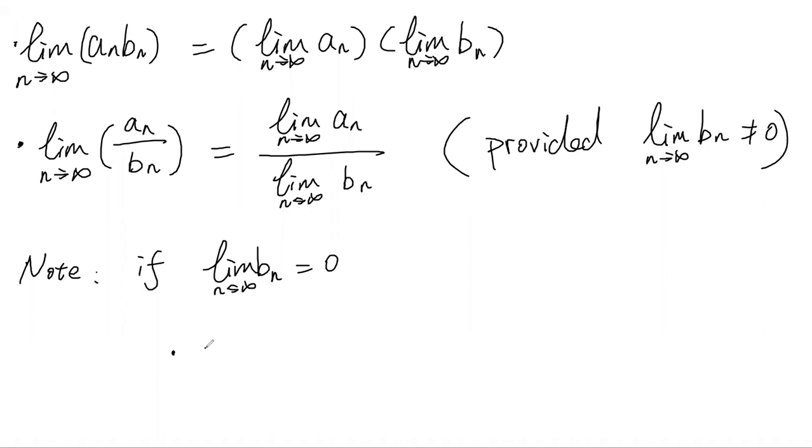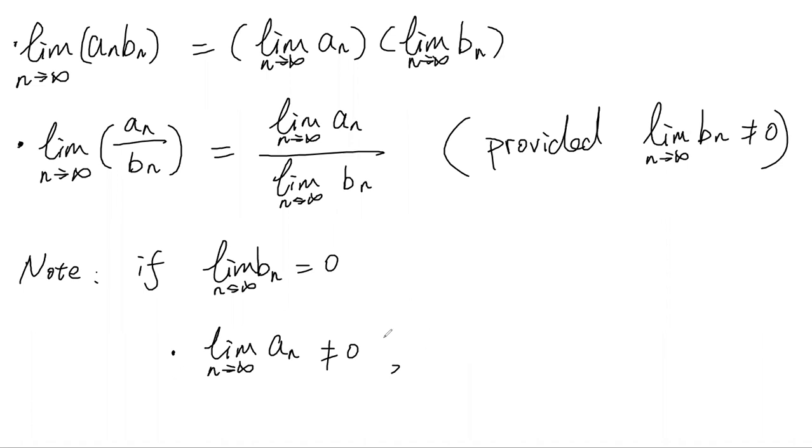The first case is that the limit as n goes to infinity of a sub n is not equal to 0. So this limit exists, that's what we have to ensure at the beginning, but it's not equal to 0.